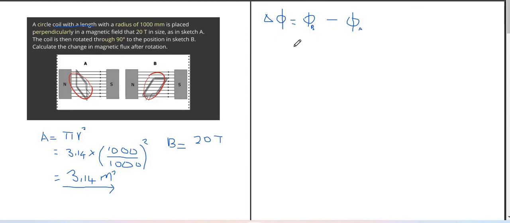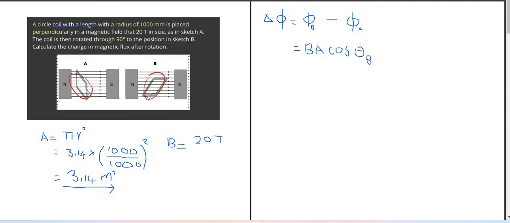Everything stays the same, so it's going to be B multiplied by A cos of theta. Remember, at B it was parallel to the magnetic field.